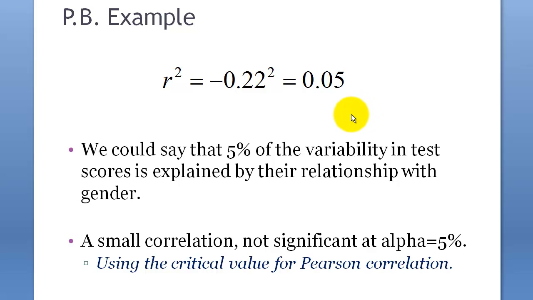So we could say 5% of variability in test scores is explained by the relationship with gender. So it's a small correlation, not significant at the 5% alpha level. Remember, 0.01 and above and less than 0.09 is small. For it to be medium, it has to be at least 0.09. So this is a small correlation.